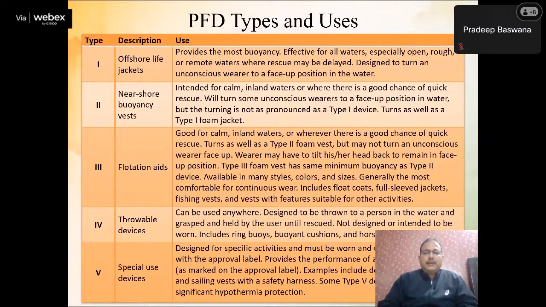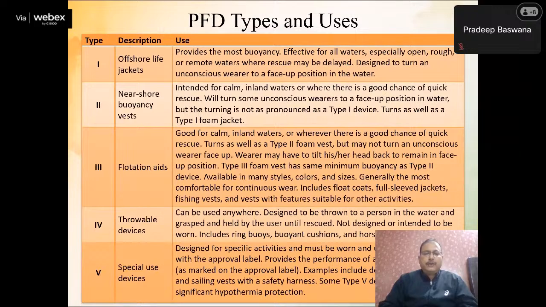Type 3 foam vest has the same minimum buoyancy as a type 2 device, available in many styles, colors, sizes. Generally, the most comfortable for continuous wear, includes float coats, full sleeve jackets, fishing vests, and vests with features suitable for activities. Throwable device, this is type 4, can be used anywhere, designed to be thrown to a person in the water and grasped and held by the user until rescued. Not designed or intended to be worn, includes ring buoys, buoyant cushions, and horseshoe buoys.